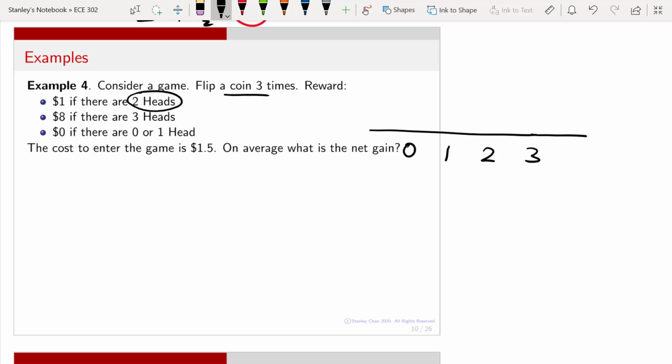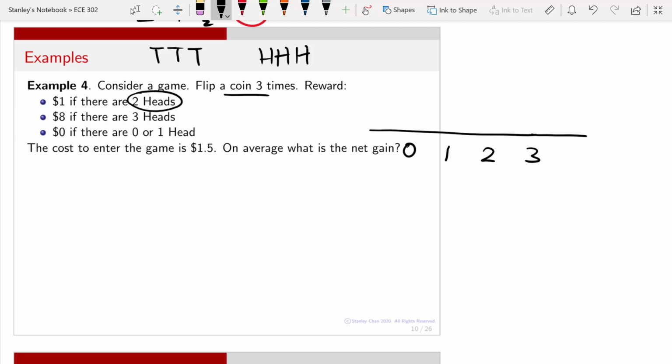To get 0 heads, what is the probability? Well, you need to flip the coin 3 times. And so we know that to get 0 heads, you must get tail, tail, and tail. To get 3 heads, you must have head, head, and head. Okay? Now, how about the other 2 cases?